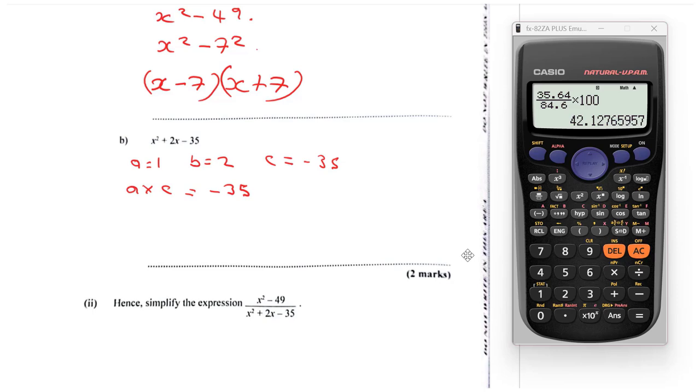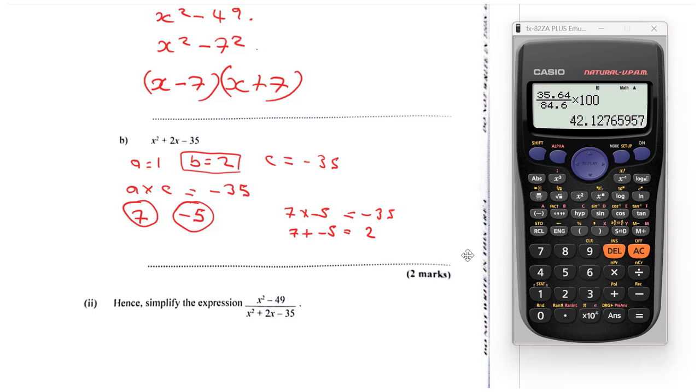Now we need to find factors of negative 35. When we multiply them, we get negative 35, and when we add them, we get b, which is 2. So what are the factors? Which 2 factors can we use? So let us choose 7 and negative 5. Now 7 times negative 5 is equal to negative 35, and 7 plus negative 5 is equal to 2, which is b.